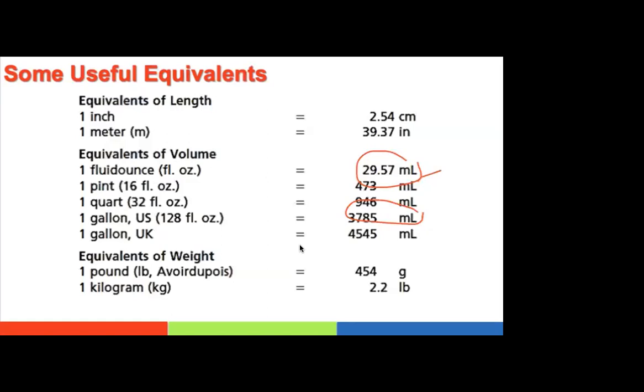Eto rin, pagka magme-measure tayo ng height, okay, 1 inch is equal to 2.54 centimeter. And ilan ang 12 inches? 1 foot is equal to 12 inches. Okay? Anong height ninyo?